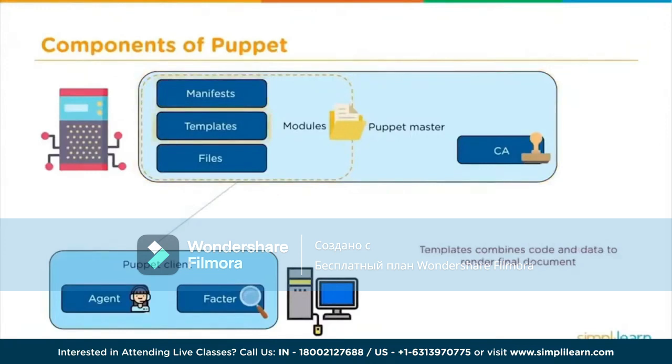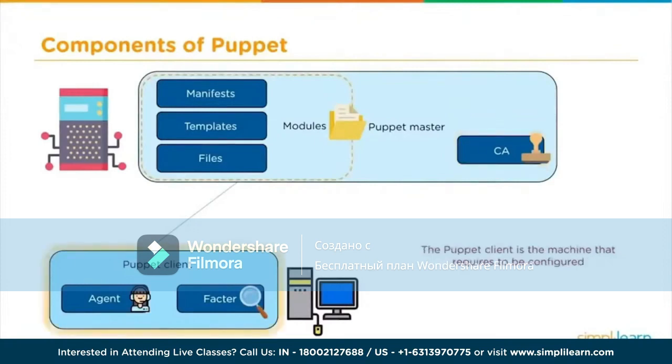We have templates that combine our code together to render a final document. And you have files that would be deployed as content that could potentially be downloaded by the clients. Wrapping this all together is a module of manifests, templates and files. You would apply a certificate authority to sign the actual documents so that the clients know they're receiving the appropriate and authorized modules.